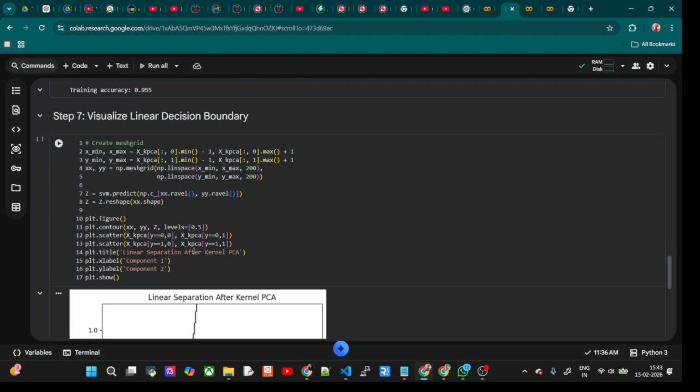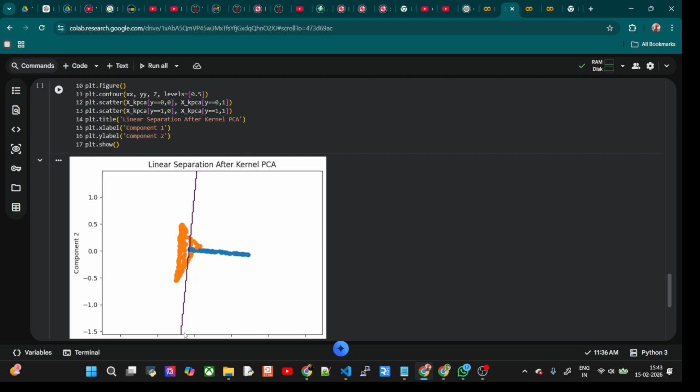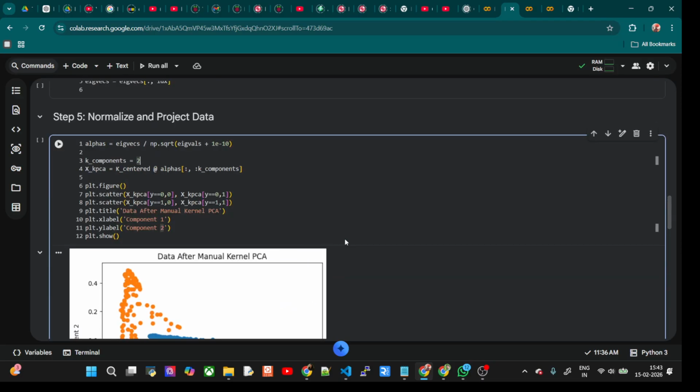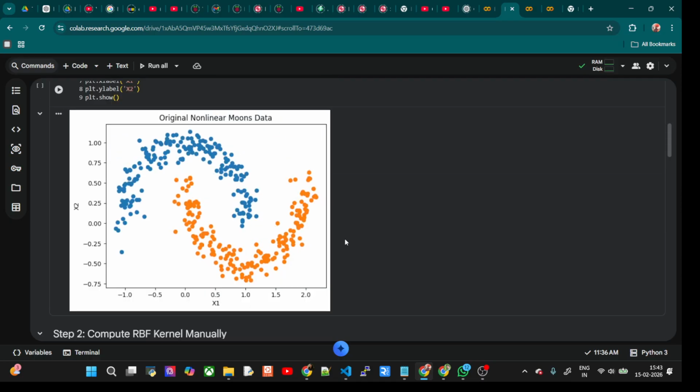SVM will train on that and try to find the best line, saying this side is one class, for example people with less salary, and this side is different, people with more salary. So you can differentiate two data sets which are not linear by making them linear using kernel PCA.